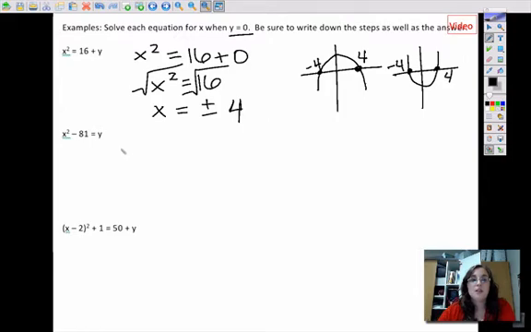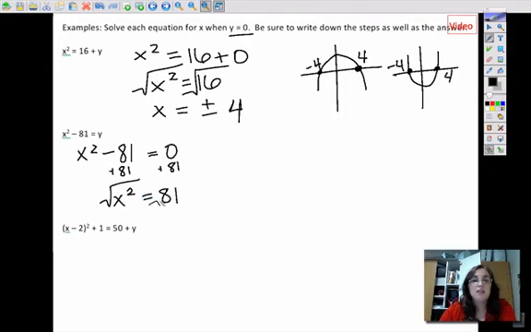Okay, same thing for this one. We're going to solve for y equal to 0, so we're going to rewrite the equation x squared minus 81 equals 0. We're going to add 81 to each side, and we're going to end up with x squared equals 81. We're going to undo the squared as the last step. And that'll get us x equals positive or -9.